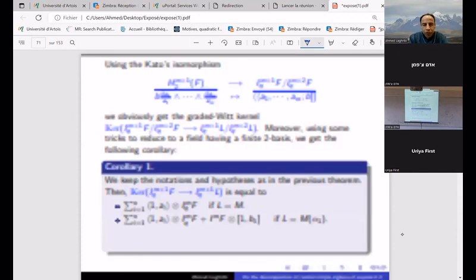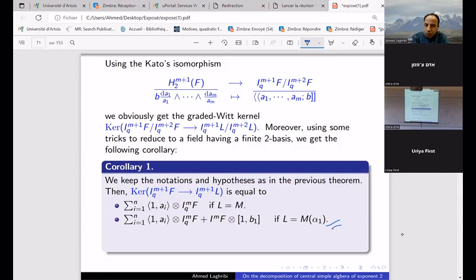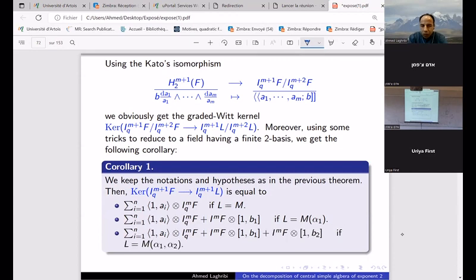And if L is M alpha 1, we get the same thing as we expect. And so, okay, what is this notation? 1E1 is just the diagonal bilinear form, not the diagonal quadratic form, diagonal bilinear.